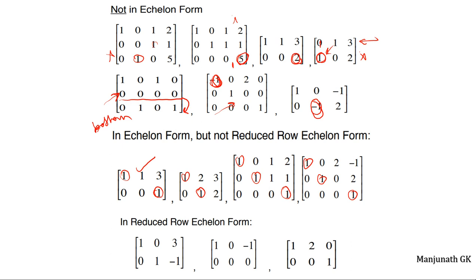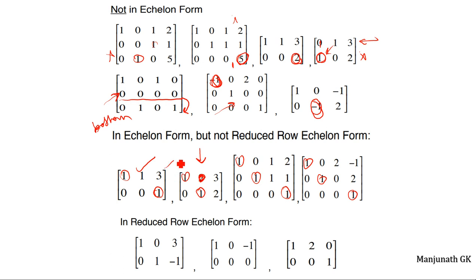So the meaning of it is to say that this is in reduced row echelon form. Instead of 2, it should be 0, because in a row where a leading coefficient occurs, the corresponding column should have only that non-zero element, but it is having 2. If it is 0, then we can say that it is a reduced row echelon form.